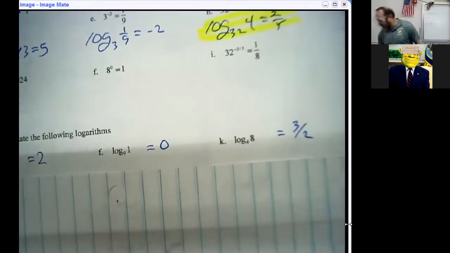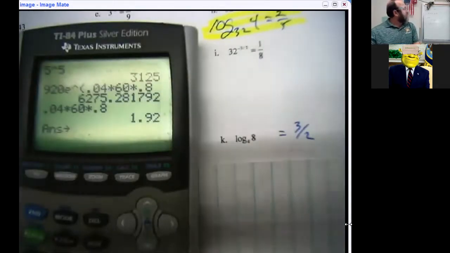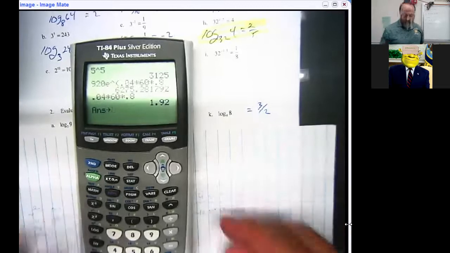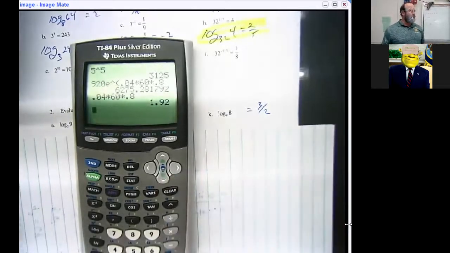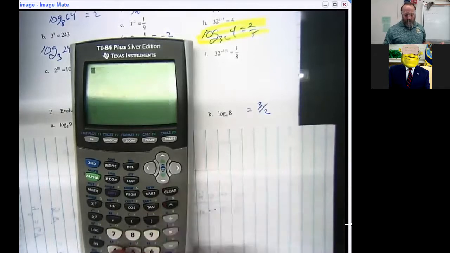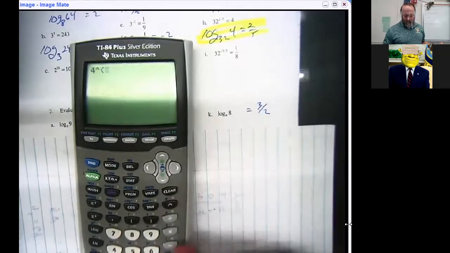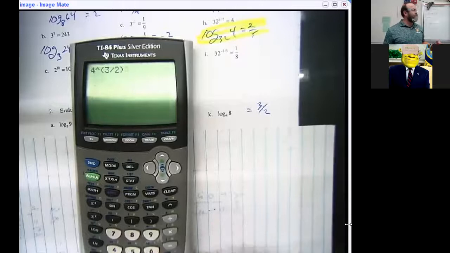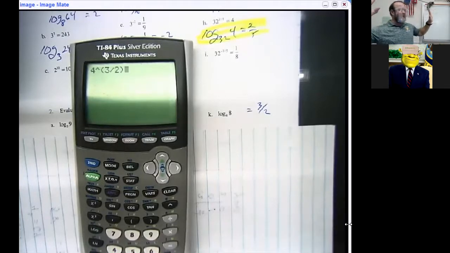In fact, let's grab a calculator real quick and see what happened here. If we are right, what could I do on my calculator to double check? What's the base again, everybody? Base 4. So the question is it 4 raised to the 3/2 or is it 4 raised to the 2/3? Before I hit enter, what does a half power do?